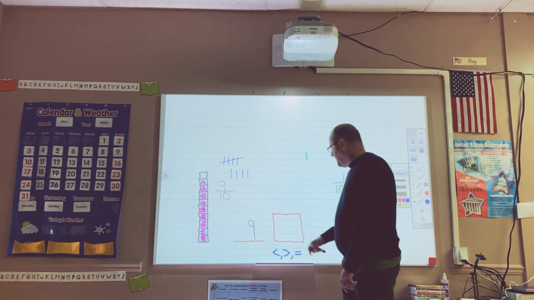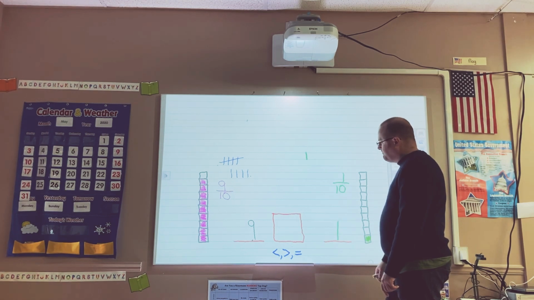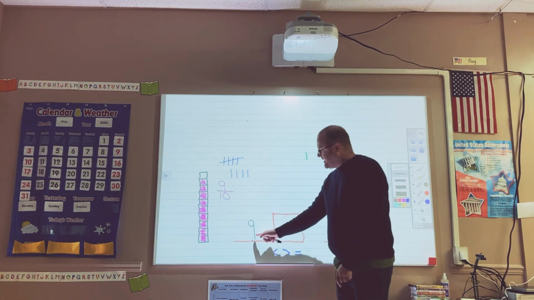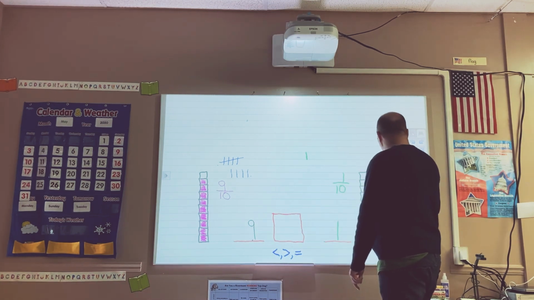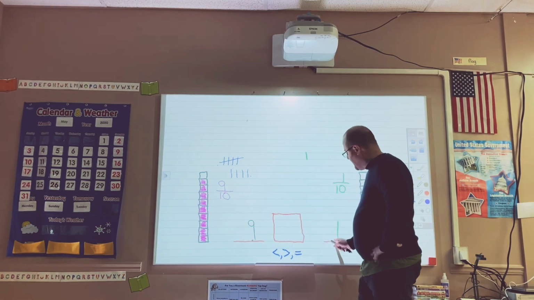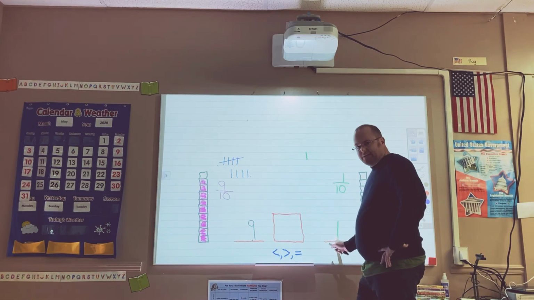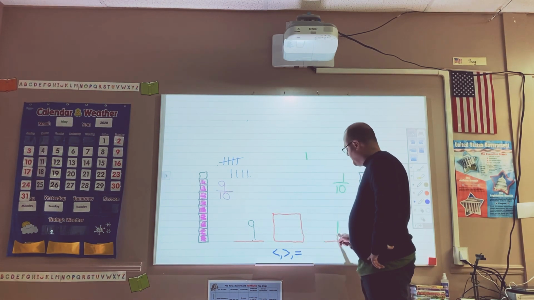If we look down here, this is going to be our greater than, less than. We see that my number was 1. The last time I messed up was 9. Is the last time I messed up, the 9, greater than or less than this many times that I messed up? Is the 9 greater than or less than the 1?